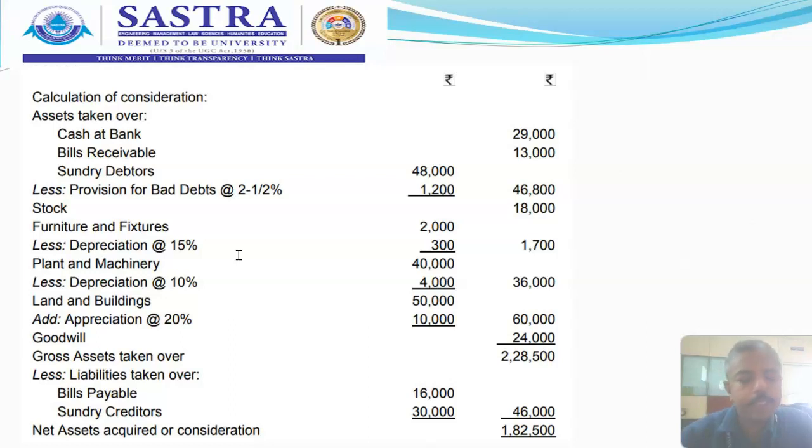Now, what are the liabilities they are about to take over? Here they did not mention any other adjustments in the additional information. So we can assume that all the outside liabilities in the balance sheet are taken over as they are. Here we have only two outside liabilities: one is bills payable, the other is sundry creditors. Bills payable is rupees 16,000 and sundry creditors is 30,000.